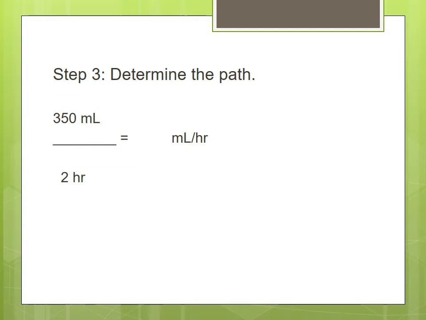Step 3, determine the path. Since we are already at our pathway, milliliters per hour, we are ready to calculate, and we don't need any further conversion factors for this particular calculation.